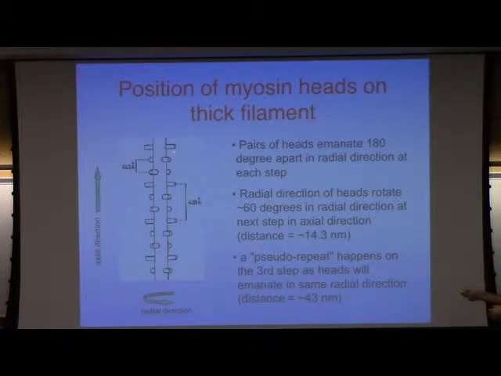So this is 60 degrees rotated, another 60 degrees rotated, and by here you've rotated 180 degrees, but since you're coming off 180 degrees apart, now you get what's called a pseudo-repeat. Say you're looking from this direction, now you have one coming off in your direction, and then you have another one down here, which is the third step down.